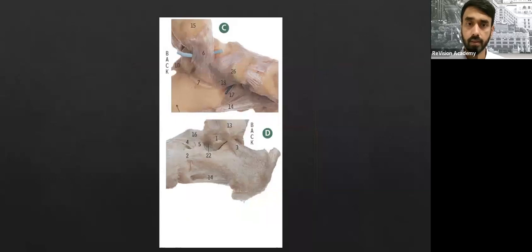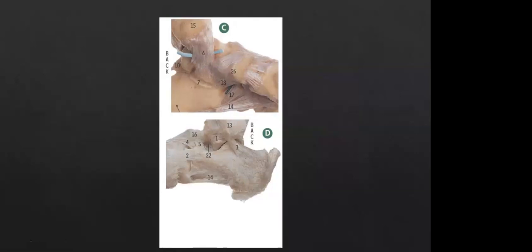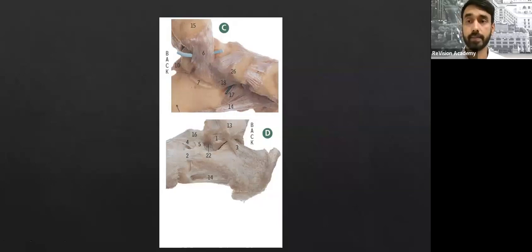Okay. So can you identify number 6 from here? It's a deltoid ligament. Okay. Attachment of deltoid ligament.